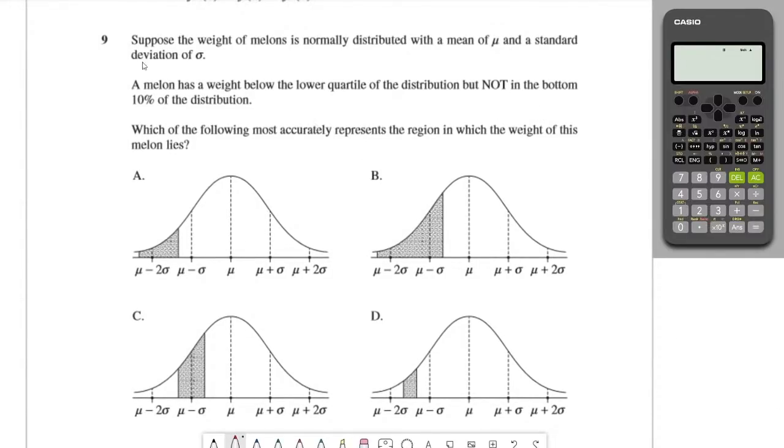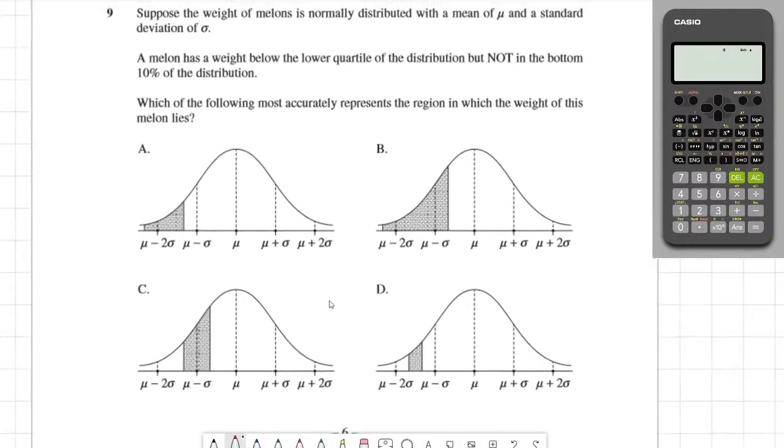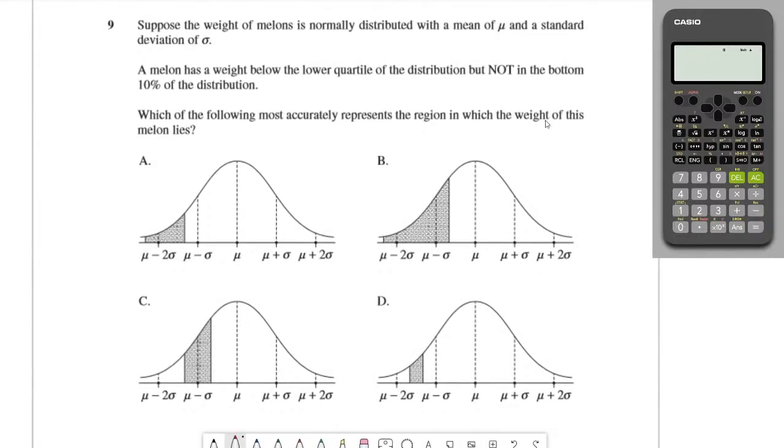So that's the average and standard deviation. Each of these is a standard deviation from the mean. Okay, which of these does not accurately represent the region in which the weight of this melon lies? So it's below the lower quartile.